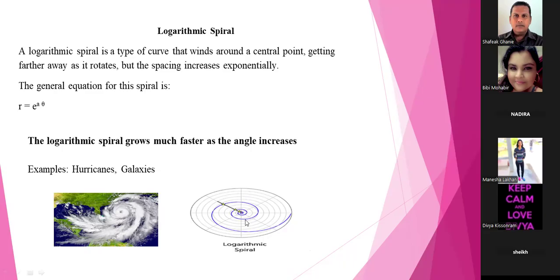We have e from the formula, which is the base of the natural logarithm, and it is approximately 2.718. We have some examples of logarithmic spirals: hurricanes and galaxies.